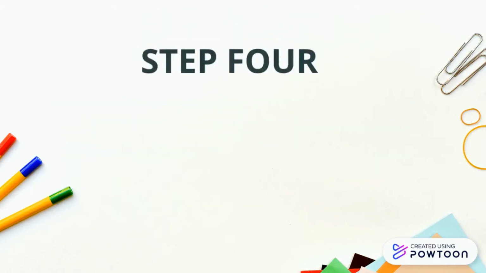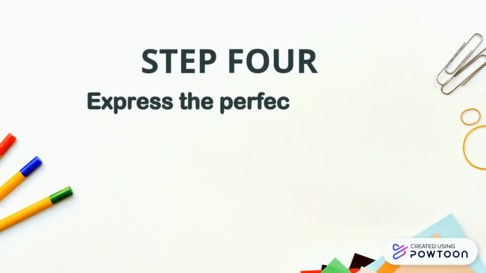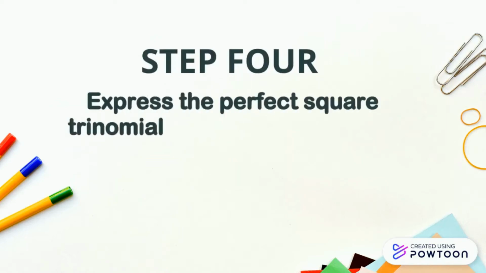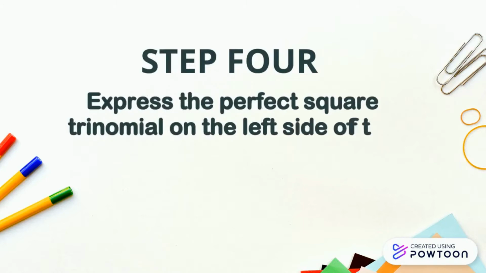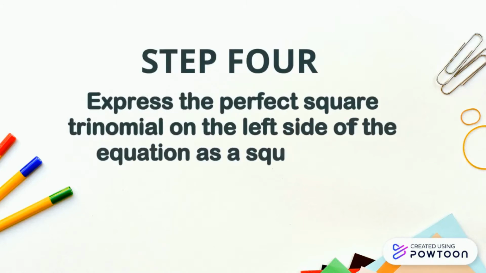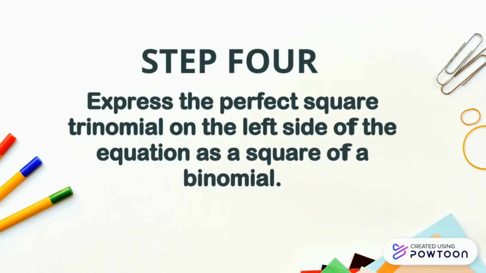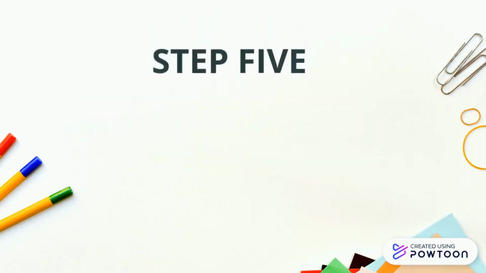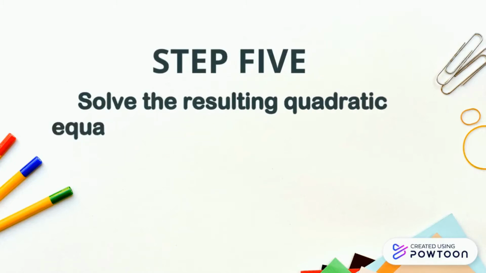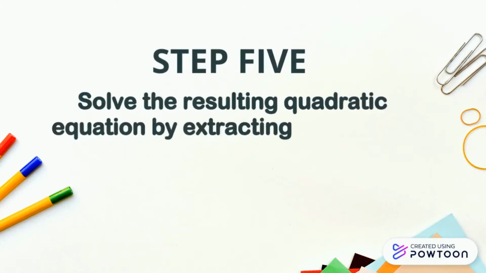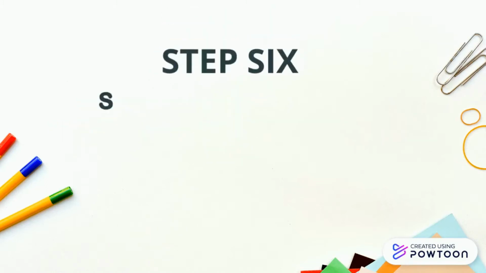Step number 4. Express the perfect square trinomial on the left side of the equation as a square of a binomial. Step number 5. Solve the resulting quadratic equation by extracting the square root. Step number 6.